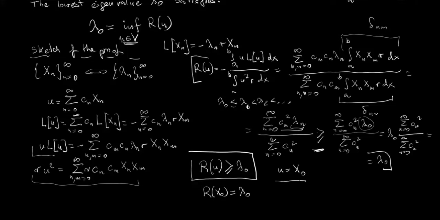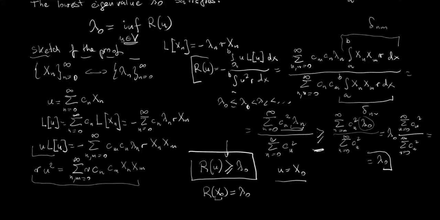So if we take x_0 satisfying our boundary conditions, then we can show that this inequality is saturated at some function, and this function is just the eigenfunction corresponding to the lowest eigenvalue.